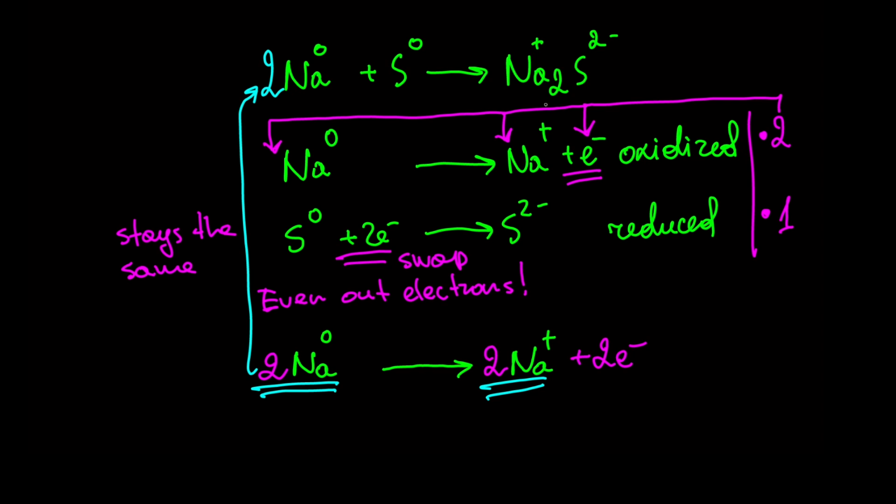If we look at the reaction, we can see that we already have them, so no coefficient is needed this time. What about sulfur? Well, we must have 1 pure sulfur atom and 1 S2- ion, and that is what we have in the chemical reaction.